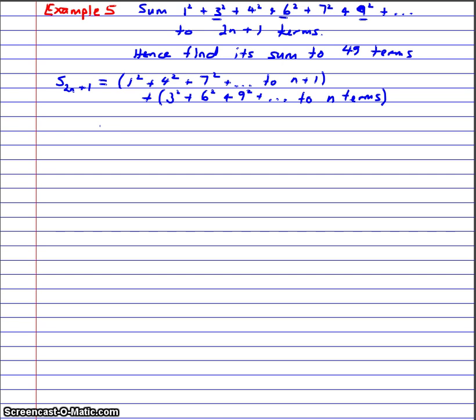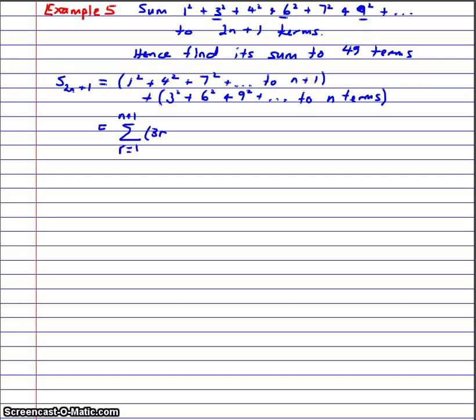Now, using sigma notation, from r equals 1 to n plus 1, our rule for that, we can see that the base of the powers increases by 3 each time, so that's 3r, and we're not having to add anything when r equals 1.